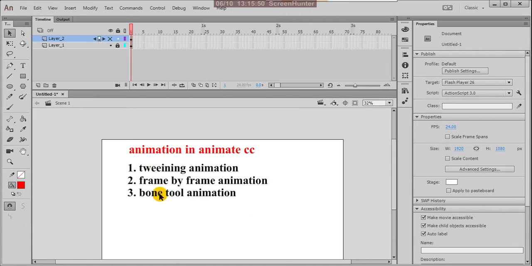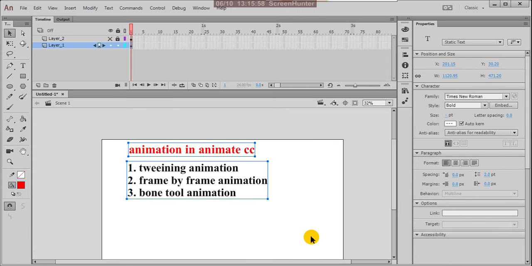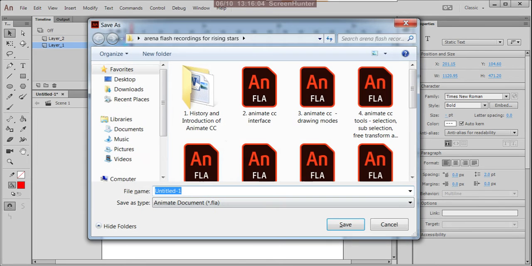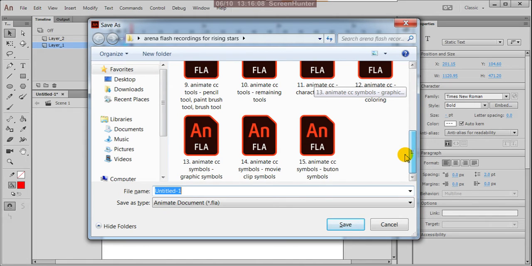For the definition, what is animation? Can you guess this? Already in animation principles I gave you some idea about animation.